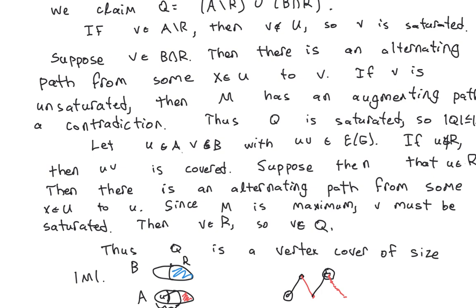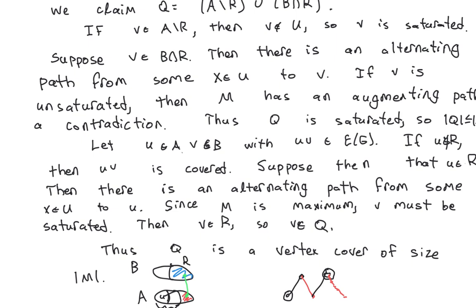And clearly, distinct vertices in A here have to belong to distinctly different matched edges. And two vertices in R intersect B have to be matched to distinct edges. The one concern you might have is that there could be an edge in the matching from the red to the blue.